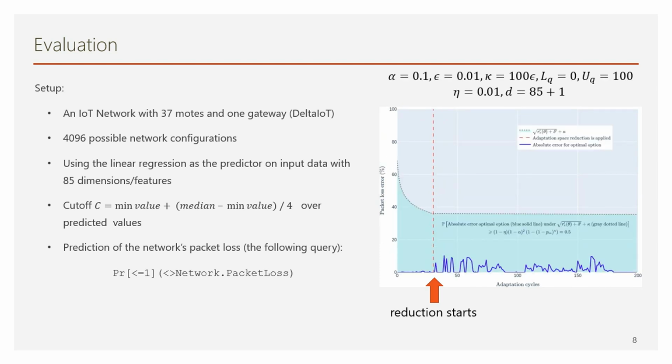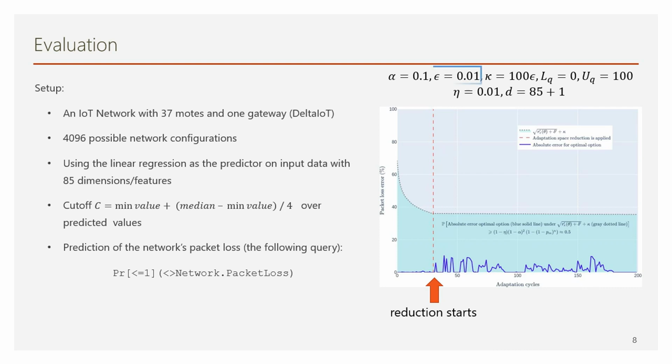The gray dotted line in this figure shows the theoretical bound of the packet loss error with adaptation and space reduction. It shows that the absolute difference between the value of the best option in the reduced and complete set is less than the specified bound with at least a probability of 0.5.